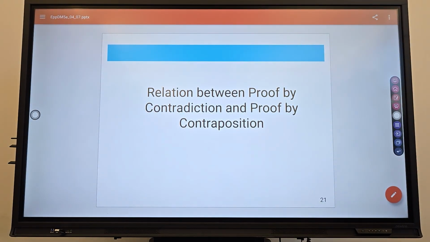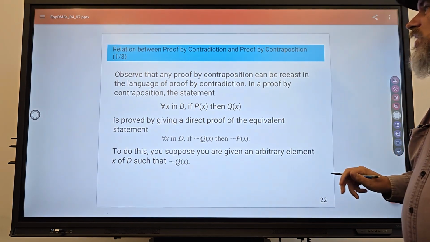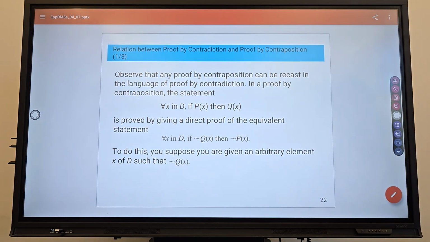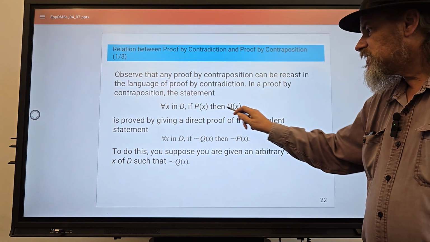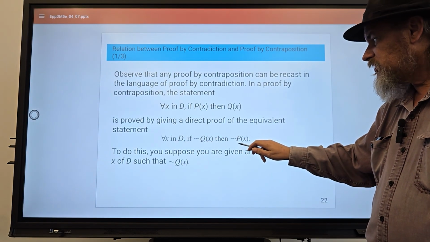Relation between proof by contradiction and proof by contraposition. Observe that any proof by contraposition can be recast in the language of a proof by contradiction. In a proof by contraposition, the statement is proved by giving the direct proof for its equivalent in this form.